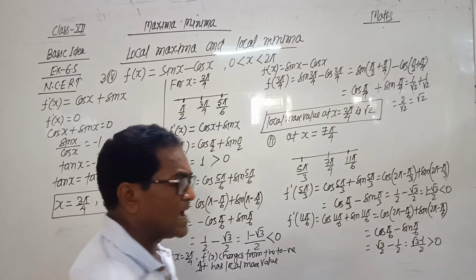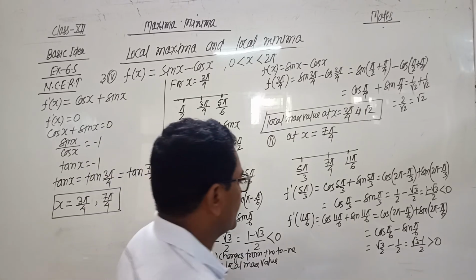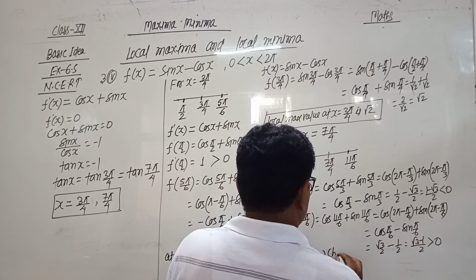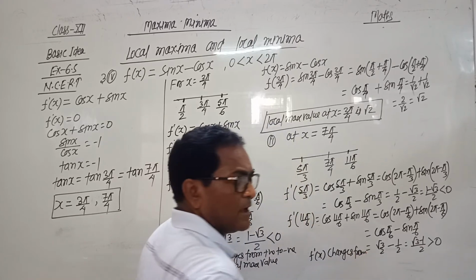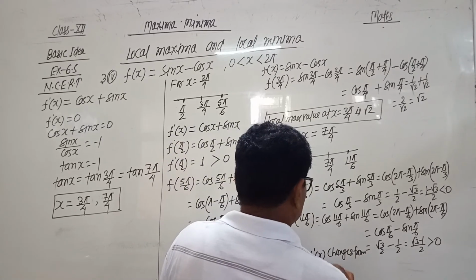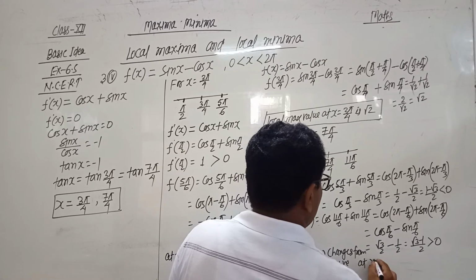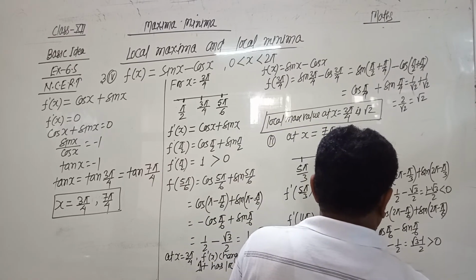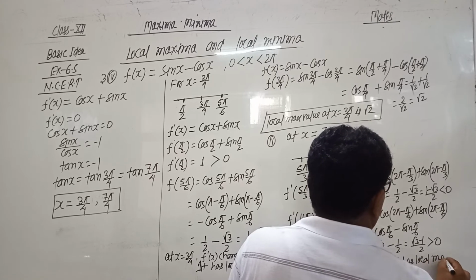So the sign of f dash x changes from negative to positive. So at x equals to 7 pi by 4, it has a local minimum.